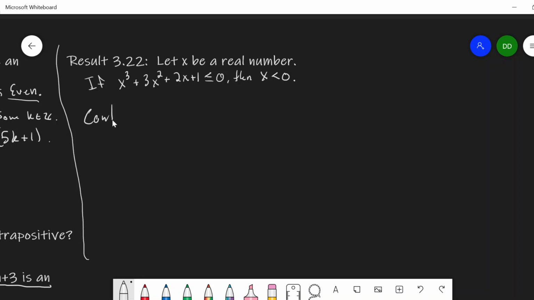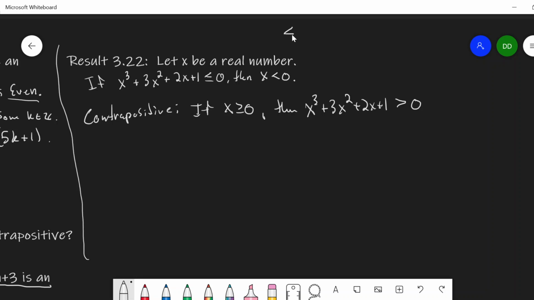So think about the contrapositive of this. If x is greater than or equal to 0, then x cubed plus 3x squared plus 2x plus 1 is, the opposite of less than or equal to, strictly greater than 0.